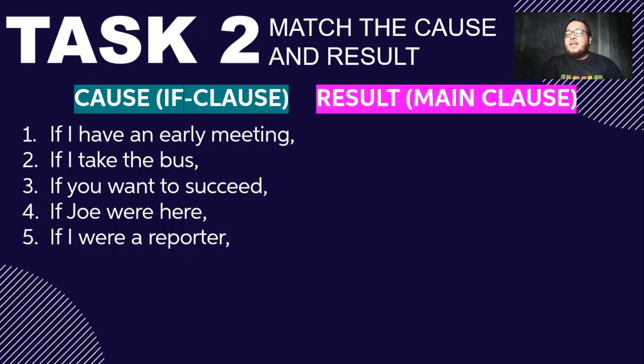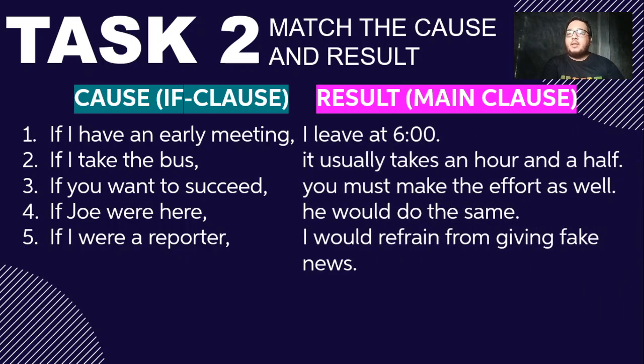Let us study these sentences as we match the clause to its correct result. Now for 1, 2, 3, as we have noticed, we have all present tense here. And by form and rule, if the if clause has present tense, then therefore the result clause also has a present tense verb, and this is a zero conditional.